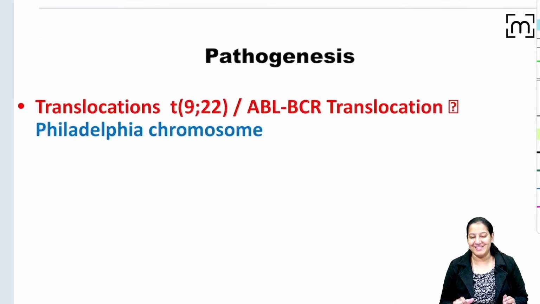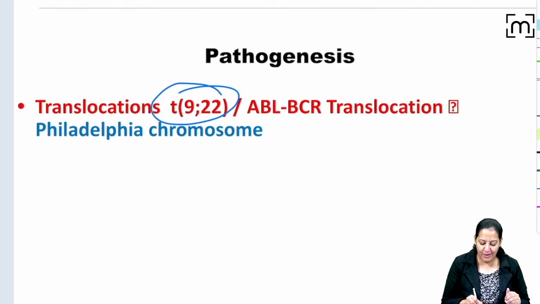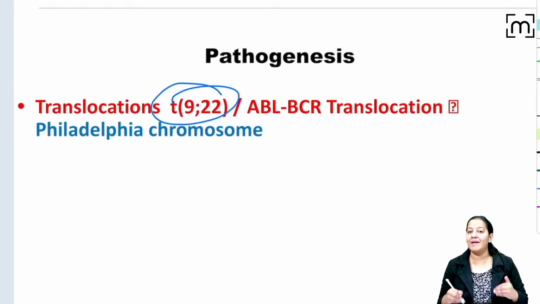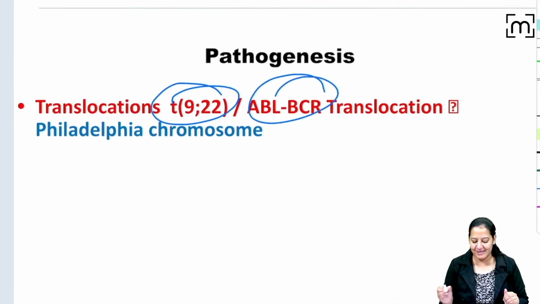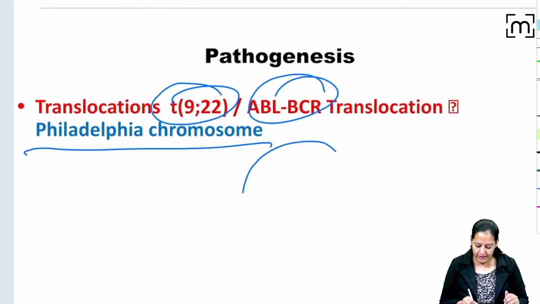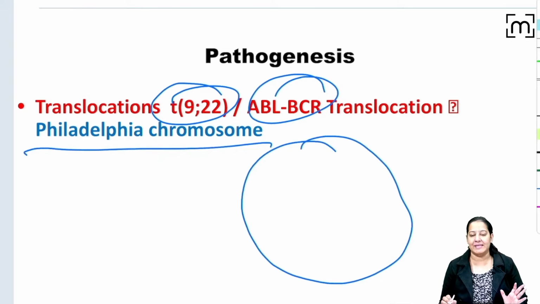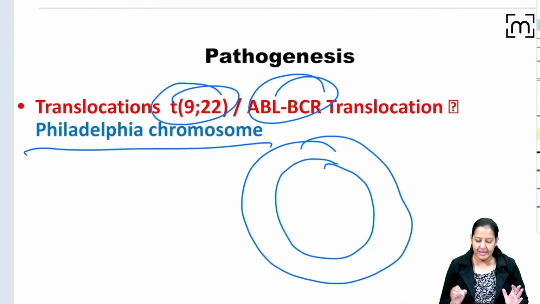Coming to the pathogenesis, which is very interesting. In the pathogenesis, there is a 9;22 translocation. You can also call the 9;22 translocation the ABL-BCR translocation. Because of this translocation, the chromosome is called the Philadelphia chromosome. Now what do we mean by that? This is a human cell, and inside the human cell, this is the nucleus.